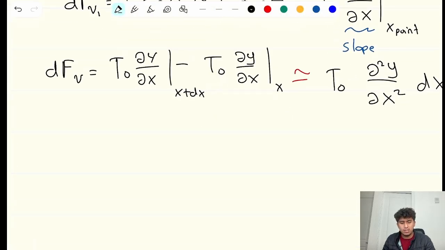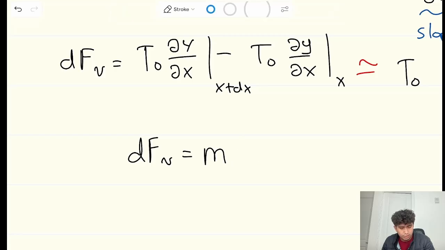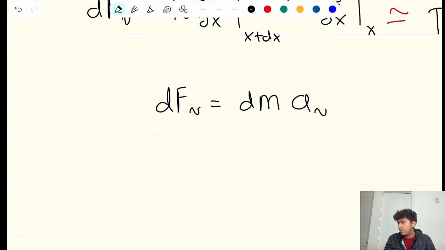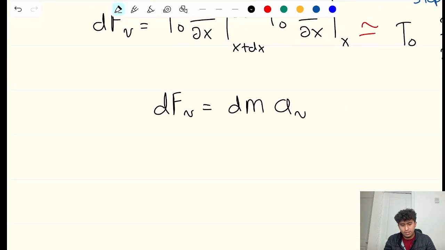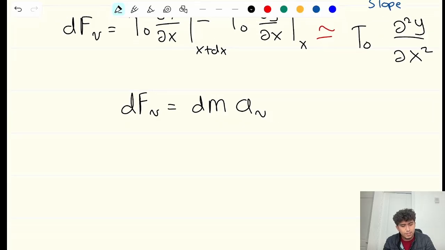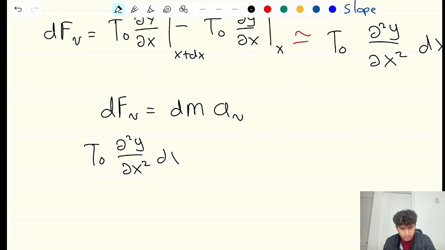Okay, so now we can use Newton's law. Newton's law is going to tell us there's going to be some small mass dm and some vertical acceleration. Cool. And we can recast this in this form. The left hand side is just what we found here, that is the second partial derivative with respect to x.